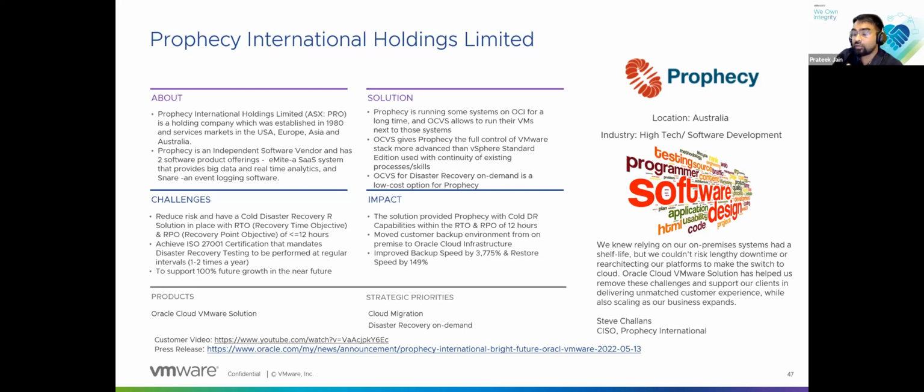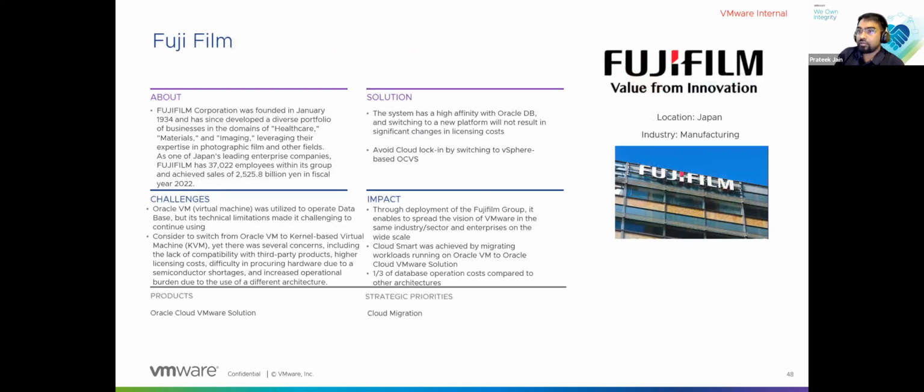And one of the other reasons they quickly adopted OCVS is because it gave them a higher version of vSphere, because we have vSphere Enterprise, vSAN Enterprise, NSX Enterprise running in OCVS. So it gives them a higher version of software licenses. And any restrictions that they had because of software licenses on premises were moved away with OCVS.